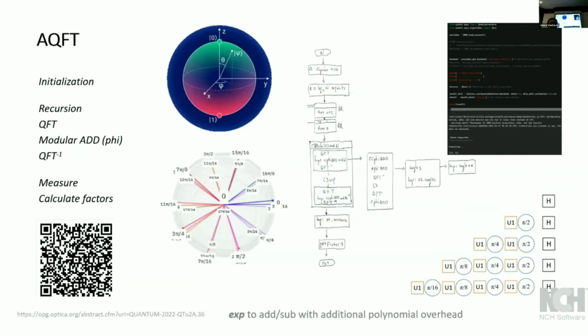Another research I'm doing right now: everybody knows the QFT. Of course, you know the FFT, the fast Fourier transform. Basically, the AQFT is that we want to give you some estimate about how the QFT can be executed faster.